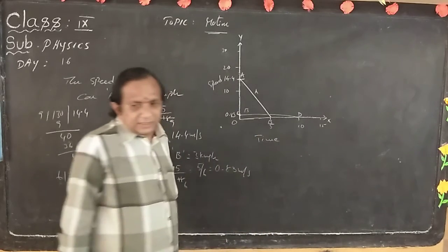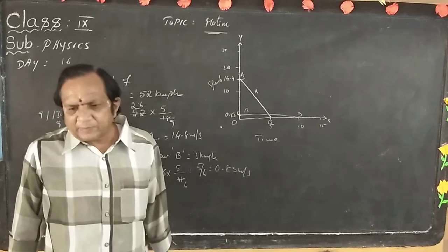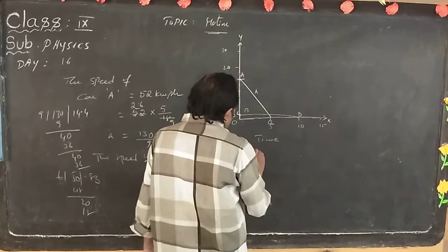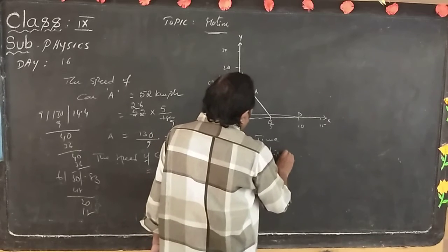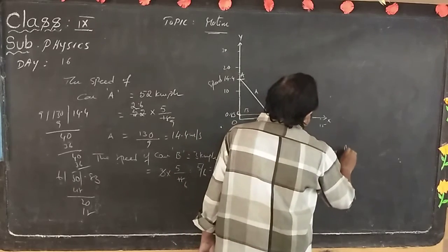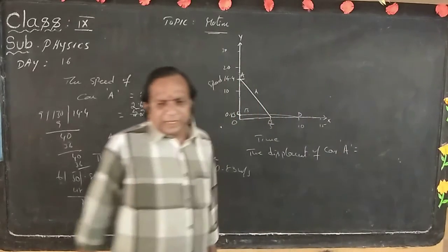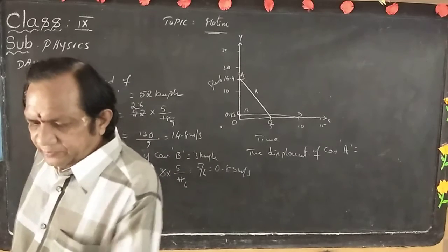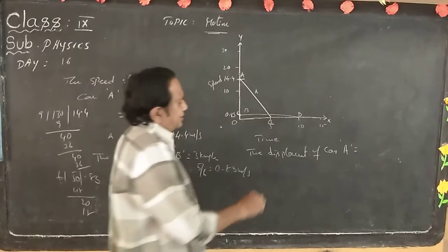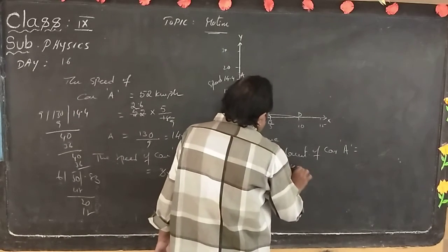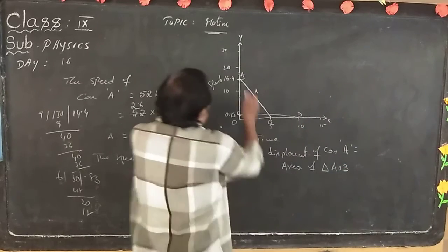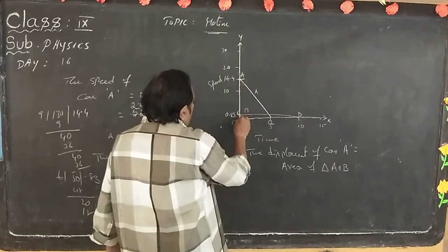Now what is this area? To calculate the displacement of the first car, the displacement of car A is equal to the area of triangle AOB.